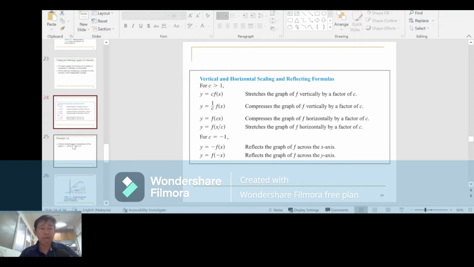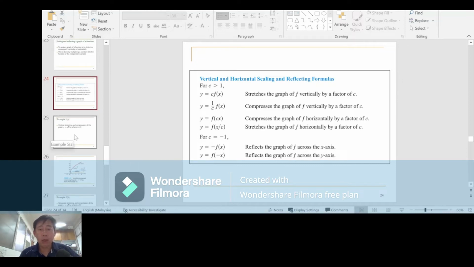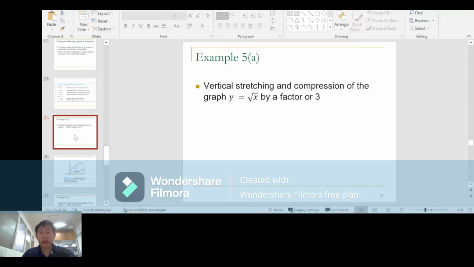So to begin with, let us look at an example of what you mean by vertically stretching and compressing a graph by a factor of 3. There are two things that we need to understand. The first thing is the reproduction of the stretching and compressing effects by reproducing the shape of the graph after the stretching or compressing.